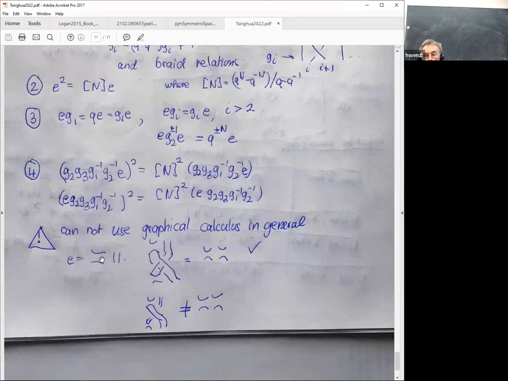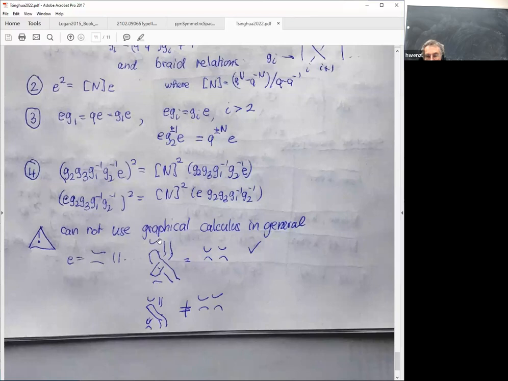So for E, one could take this symbol. Then what I wrote down here, this relation, g_2 g_3 g_1^{-1} g_2^{-1}, is essentially given here by this lower part of this graph, without this upper E.